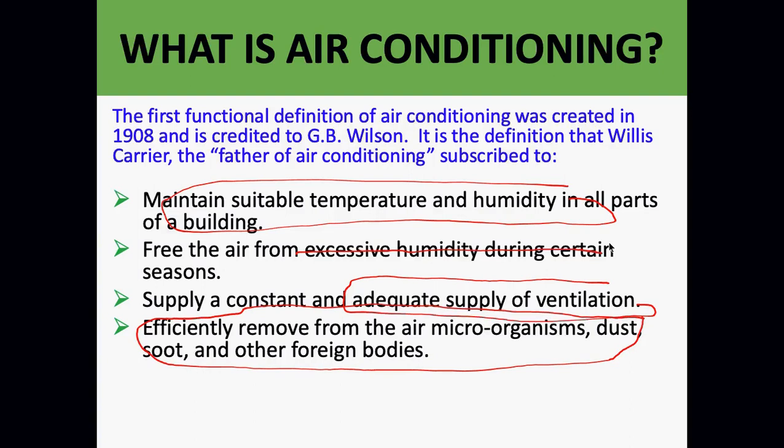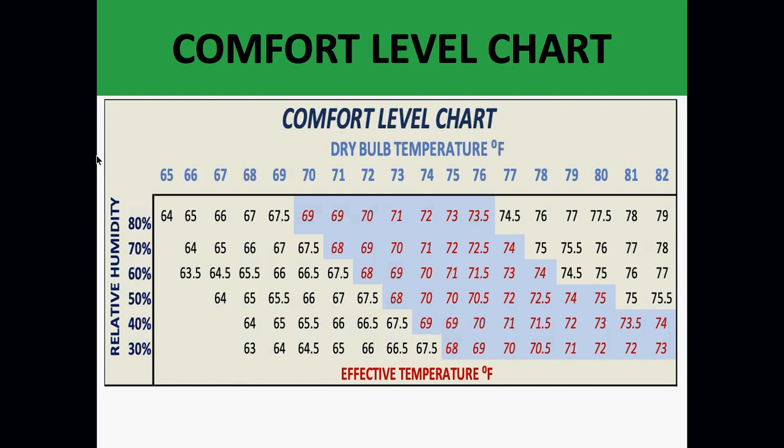We want to maintain a suitable temperature and humidity, free the air from excessive humidity during certain seasons, and provide an adequate supply of ventilation. And that's not just for cooling. When you're moving air around in the heating season, aren't you doing all of these same things anyway? So air conditioning is just maintaining a suitable temperature and clean air.